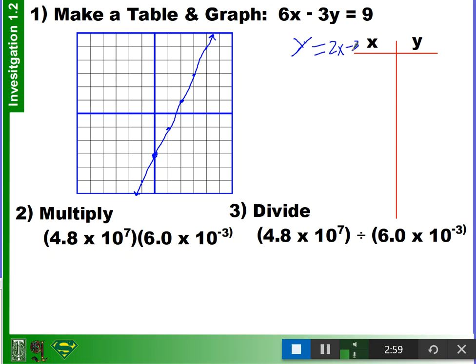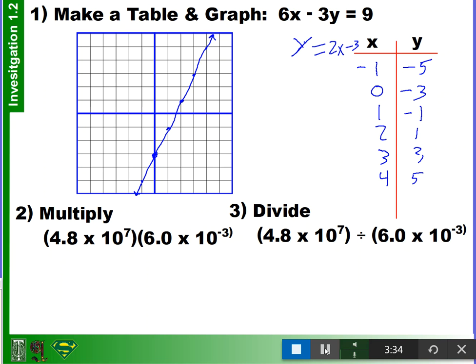So if that's your case, we're going to start with the lowest point on here, which is x equal to negative 1 and y equal to negative 5. And then when x is equal to 0, y is equal to negative 3 because that's your y-intercept. And then when x is equal to 1, y is negative 1, then positive 1, 3, 5. And there you go.